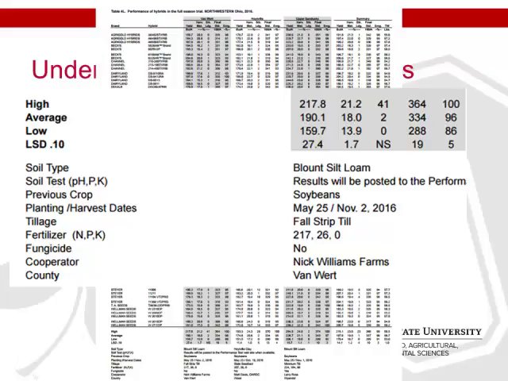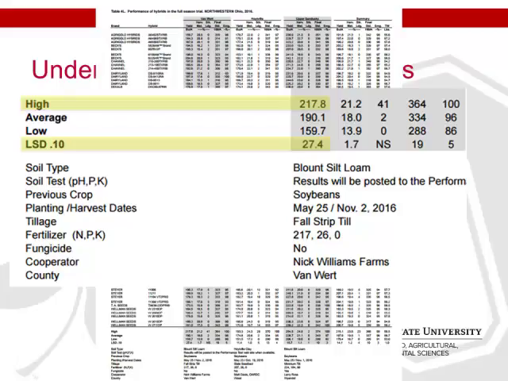Well, right there's 4 rows that say the high, average, the low, and then the LSD at 0.1. Do those sound familiar? We talked about those. All right, so remember the LSD tells us what the smallest difference that's real is.